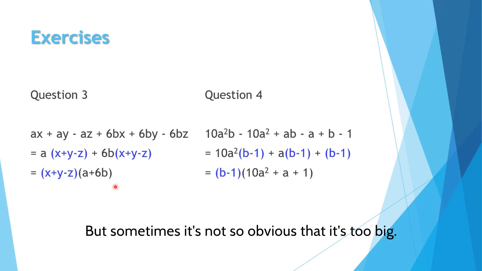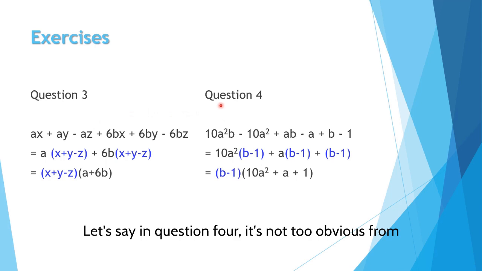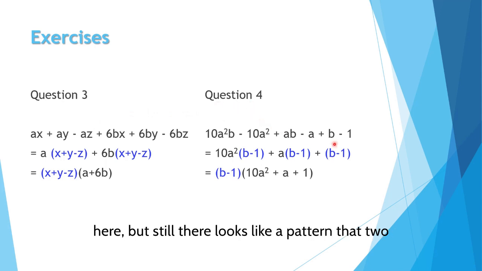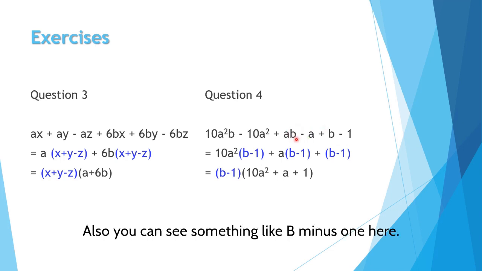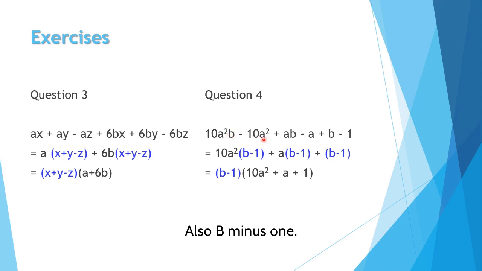But sometimes it's not so obvious that it's two big groups. Let's say in question 4, it's not too obvious from here, but still there looks like a pattern that two can be in a group, because you can sense that it seems that b minus 1, here also you can see something like b minus 1, here also b minus 1. You can sense that b minus 1 can be a possible common factor.